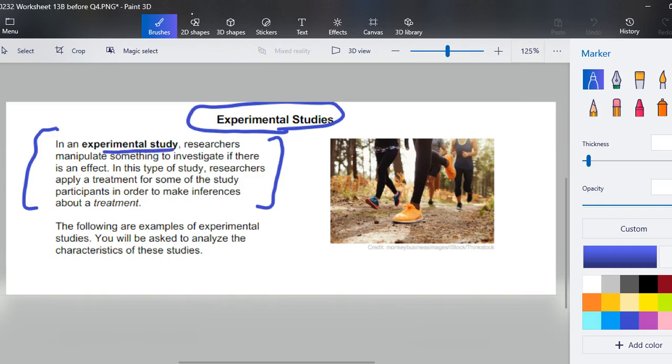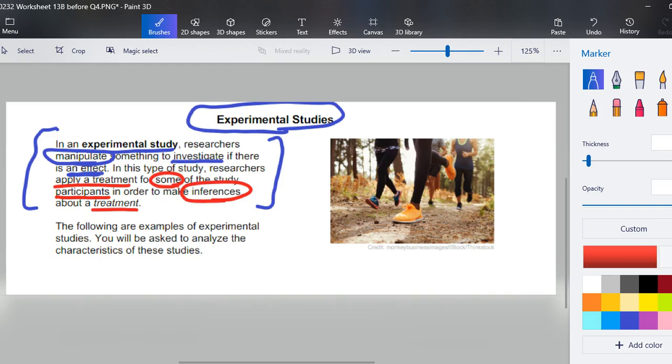In an experimental study, researchers manipulate something to investigate if there is an effect. In this type of study, researchers apply a treatment, sound familiar, for some of the study participants, not all, but for some, in order to make inferences about a treatment. Inferences is another word that you need to have as a flashcard or tabbed.